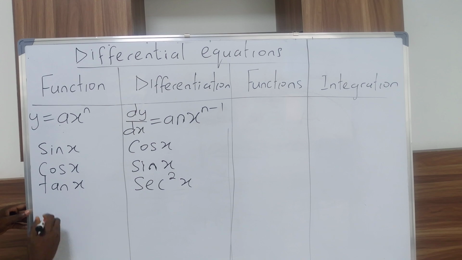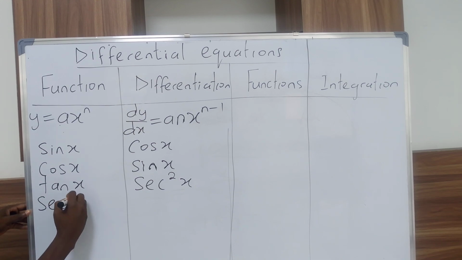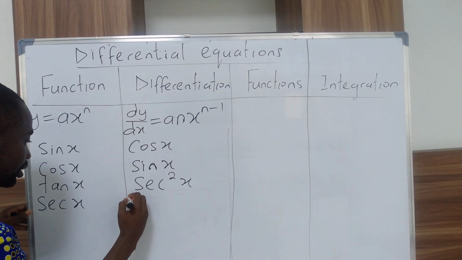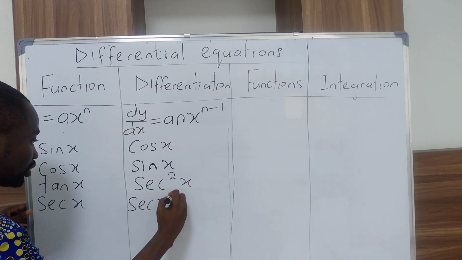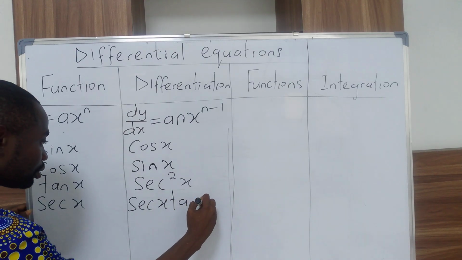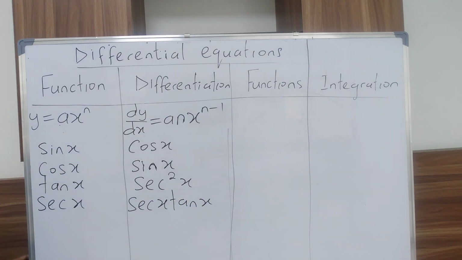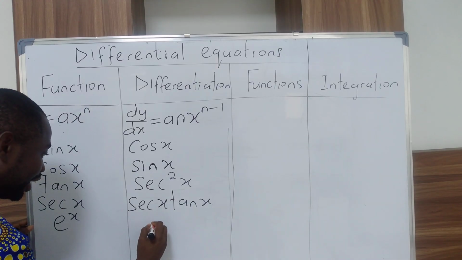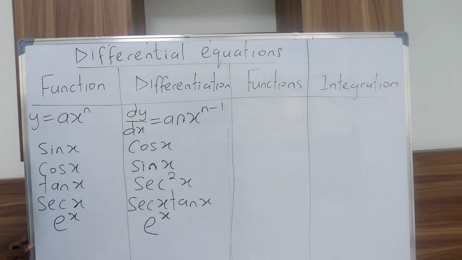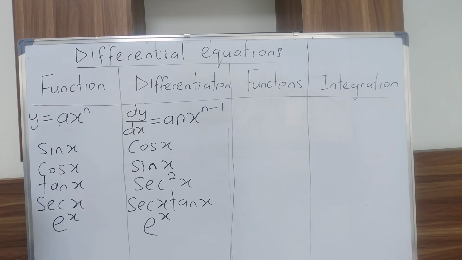When you differentiate sec x, I'm going to get sec x tan x. Now, when we differentiate exponential x, I'm going to get back exponential x. This is very, very important.